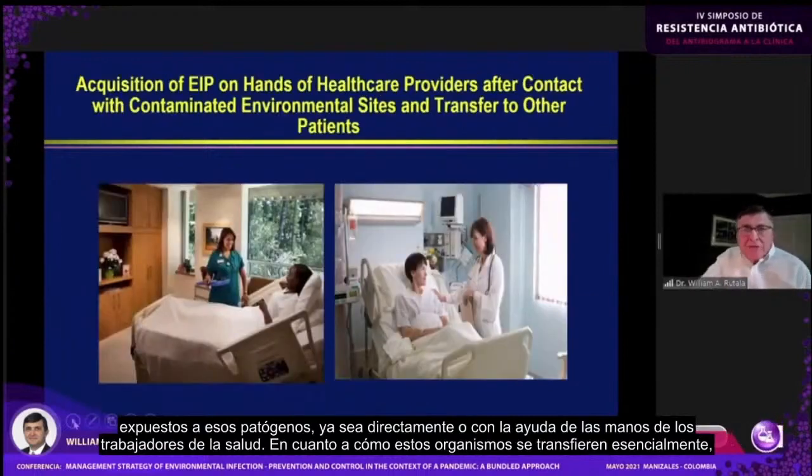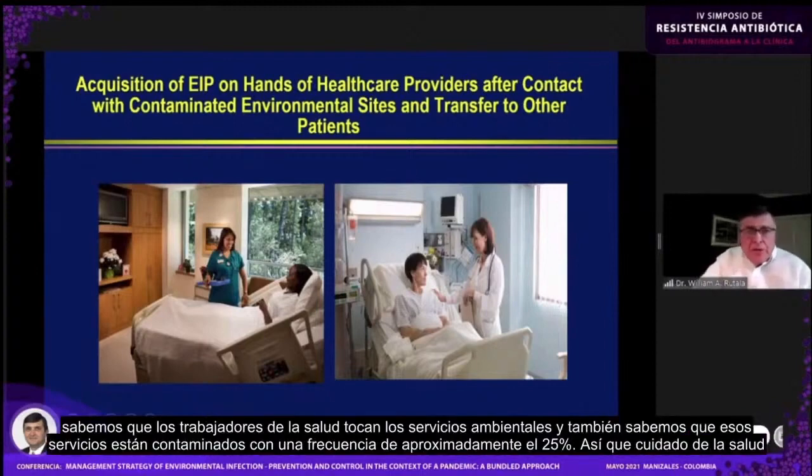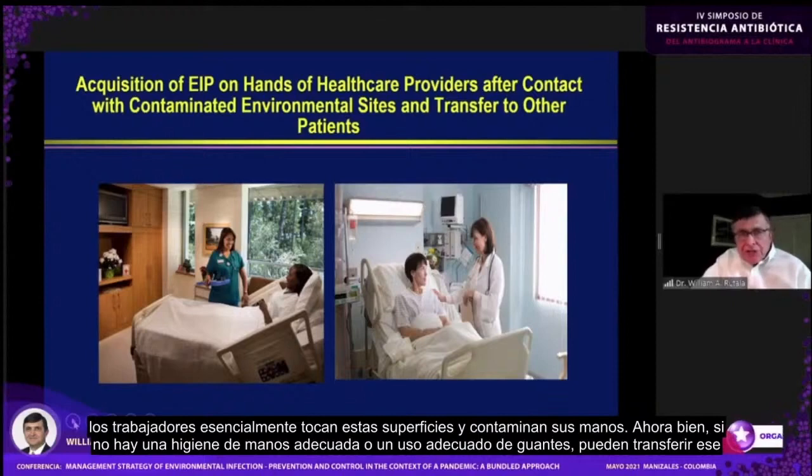As far as how these organisms essentially transfer, we know that healthcare workers touch environmental surfaces. And we also know that those surfaces are contaminated at a frequency of approximately 25%. So healthcare workers essentially touch these surfaces and contaminate their hands.